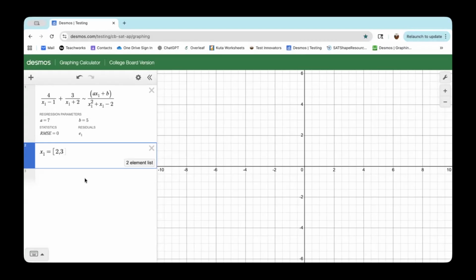So do you always have to add x1 in order for it to work? Yes. Honestly, I don't know a ton about how Desmos came up with this idea of regression, but what it's doing is whatever values you assign for x1, it's plugging them into the equation.